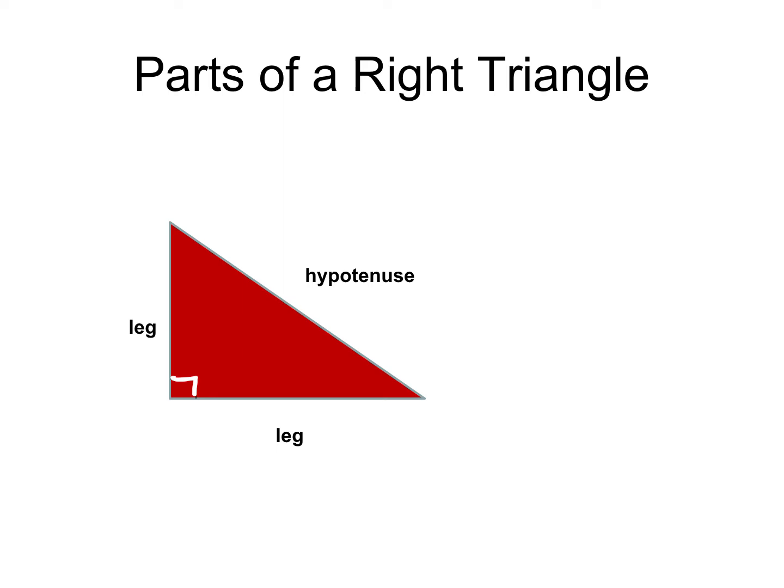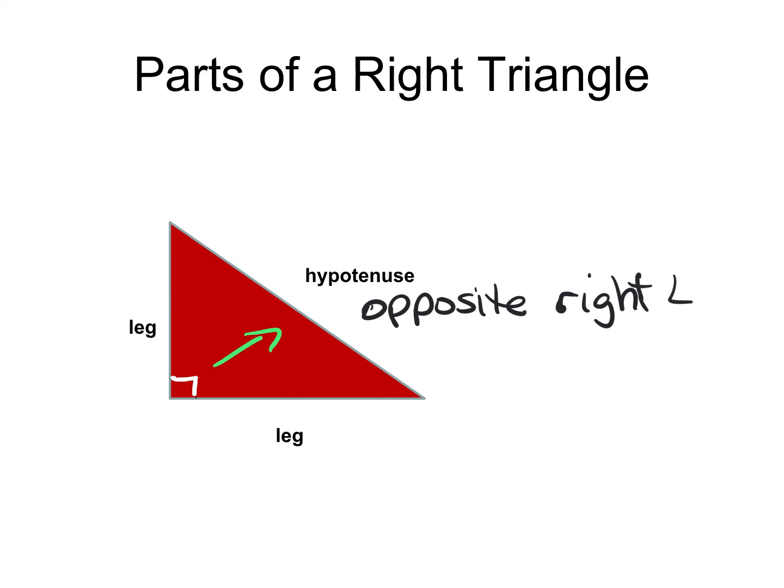What we're going to be looking for is the location of the hypotenuse, and the hypotenuse is always going to be opposite to the right angle. So the hypotenuse is going to be opposite the right angle.